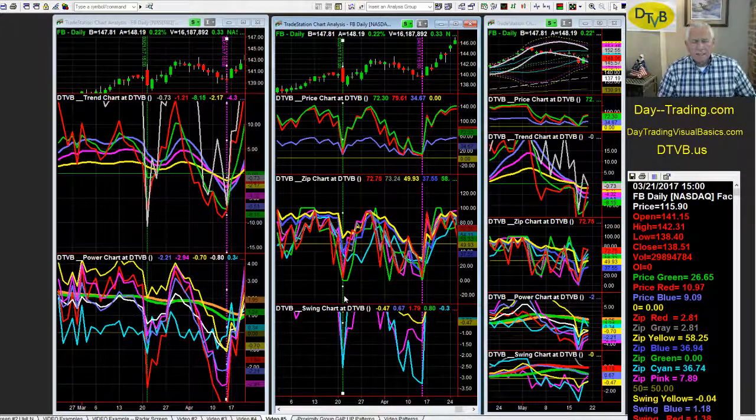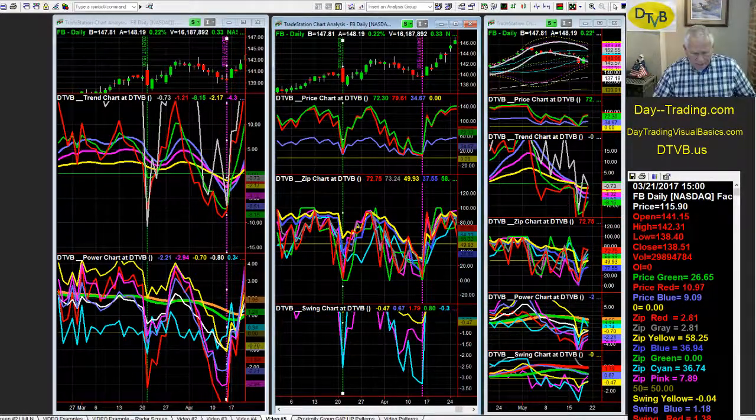And when it goes up from 2 to 95, above 95, zip red will go down the next day, but the price will be even or up the next day. And then zip red will bounce around up there, and then zip pink will come up and get close to the green, and then you've got a pink-green top.